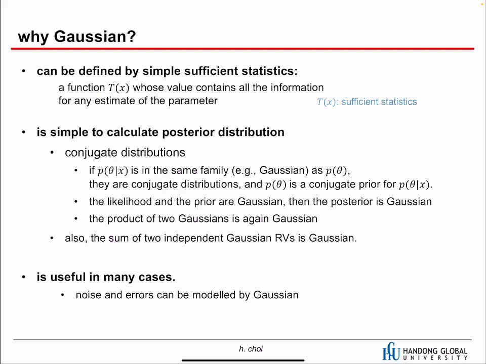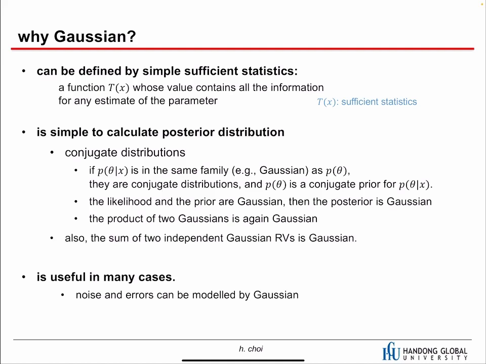So first, Gaussian distribution can be defined by simple sufficient statistics. In the previous slide, I said Gaussian is defined by a mean and variance. Then this mean and variance can be estimated by some statistics. The sample average can estimate the parameter mean, and the sample variance can estimate the parameter variance.